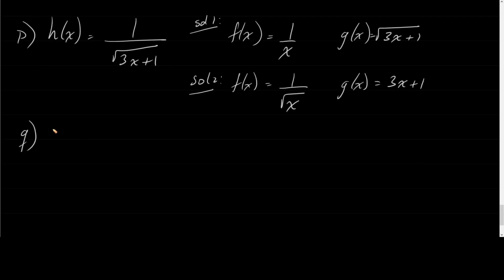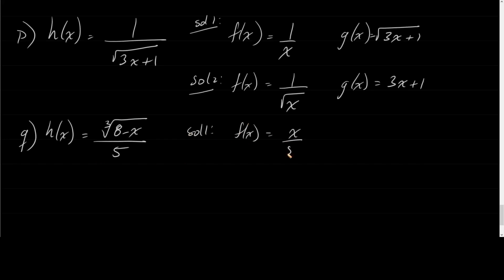Let's look at another one. Let's say that I had h of x being equal to the cube root of 8 minus x over 5. And let's look at some possible solutions in here. Solution 1 would be, again, I see a fraction, so I could say f of x is something like x over 5. And in this case, g of x would be the entire numerator, the square root of 8 minus x.